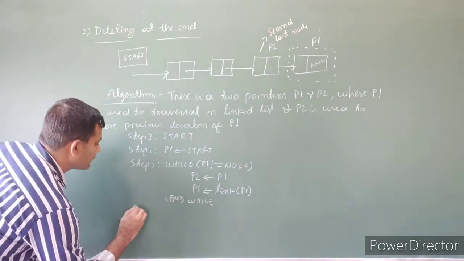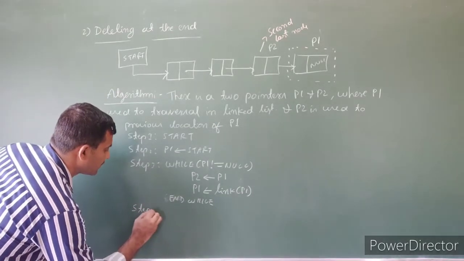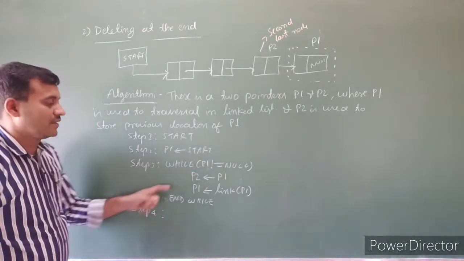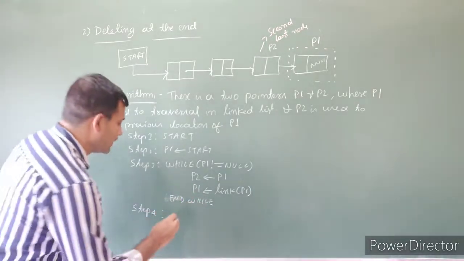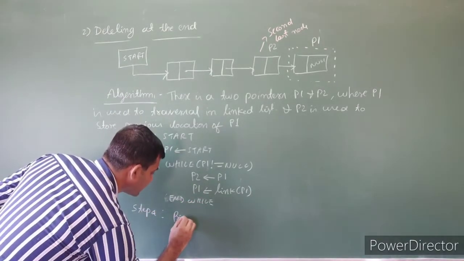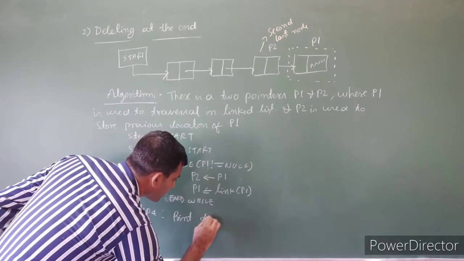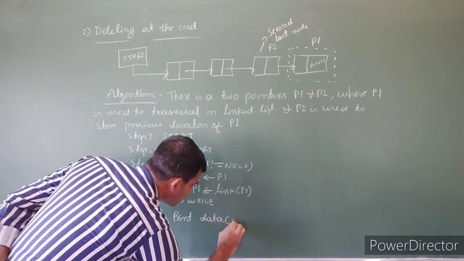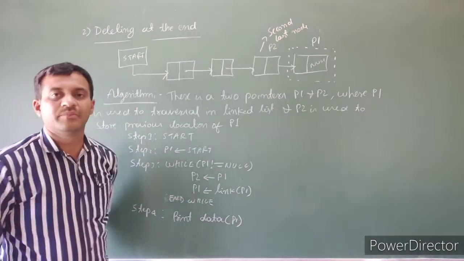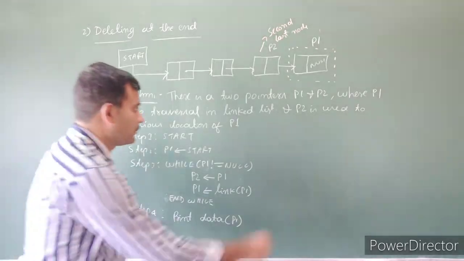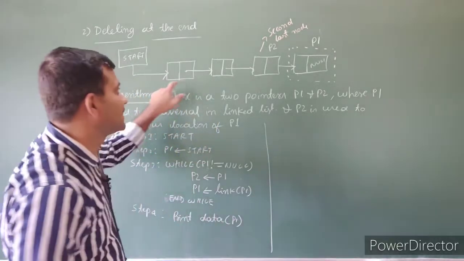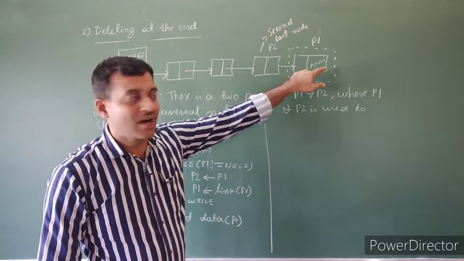Next, in step 4, when we reach the last node, print data part of P1. Say we traverse the linked list and reach the last node.